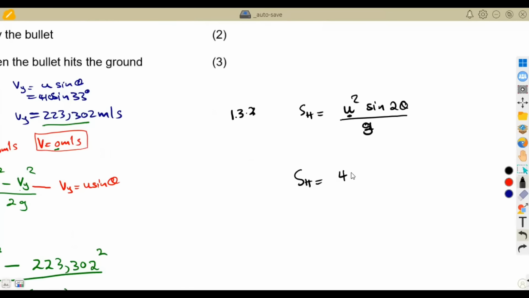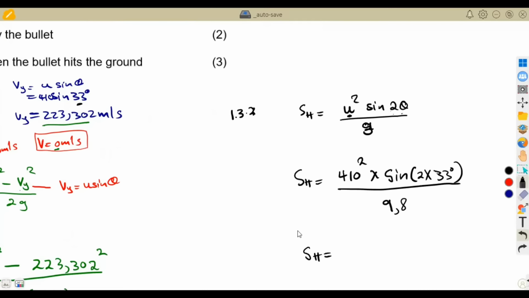So that is 410 squared times sine 2 theta. Take note, it's sine 2 times theta. Remember, our angle here is 33 degrees, over G. This time your G, you use as it is, 9.8.